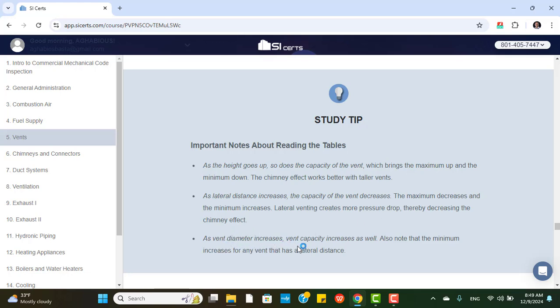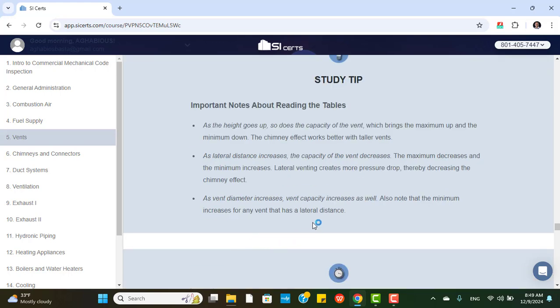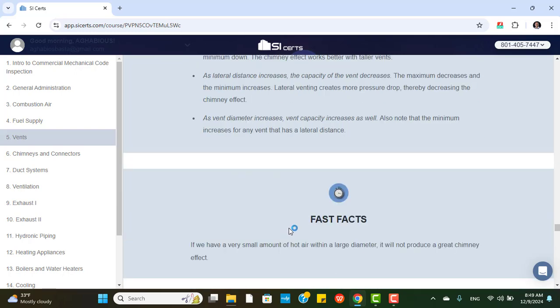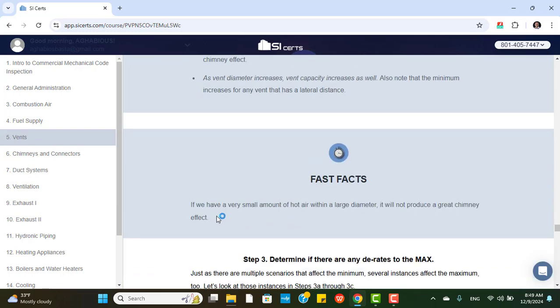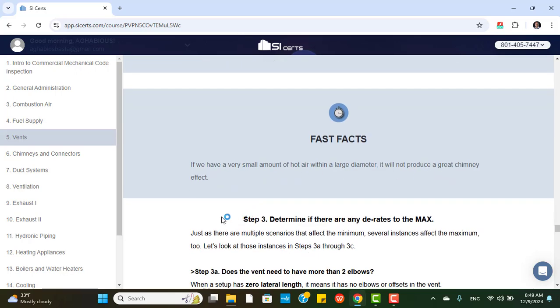Number three, as vent diameter increases, vent capacity increases as well. Also note that the minimum increases for any vent that has a lateral distance. Fast facts: if we have a very small amount of hot air within a large diameter, it will not produce a great chimney effect.